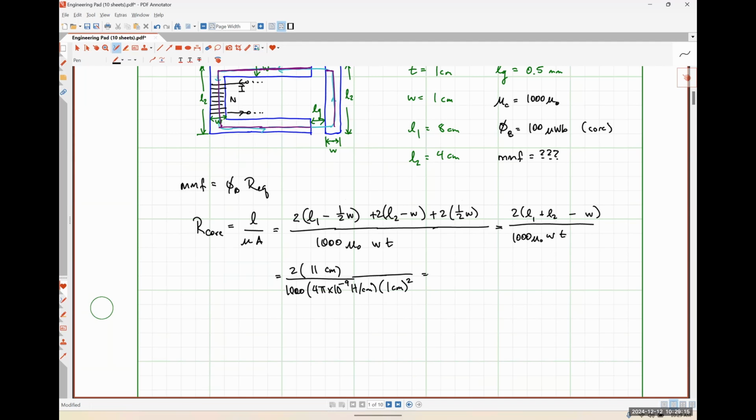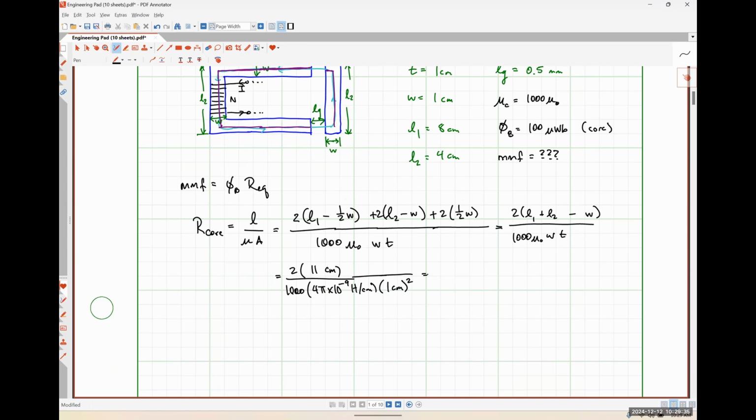I'm going to throw this into my calculator. 22 over 1,000 times 4 pi times 10 to the minus 9 times 1.